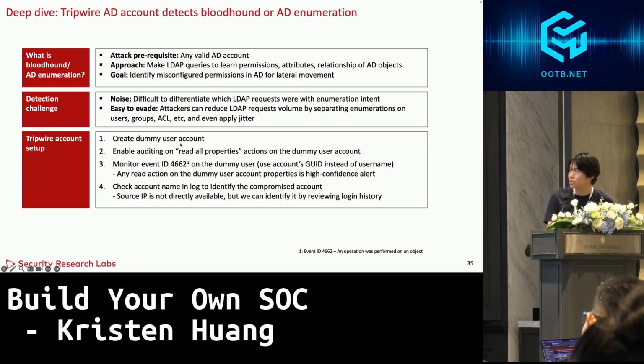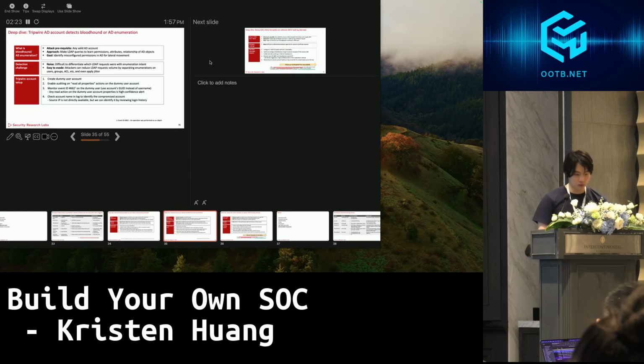So it's very easy to detect those tools if you have done this. You can monitor event ID 4662 to check this, and make sure you use the account's GUID instead of the username. Let me show you how it will work.